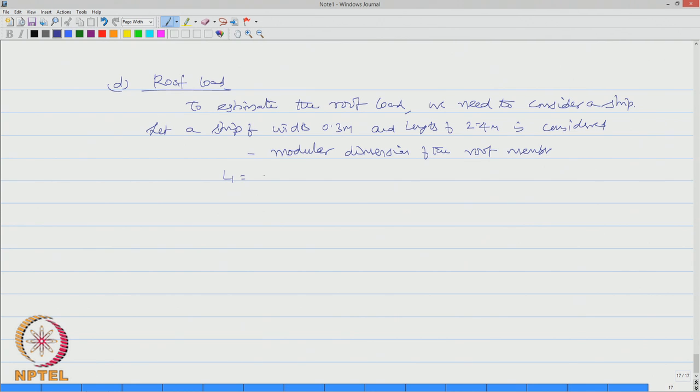So, now in this case L1 is going to be 2.4 meter and drag coefficient for the roof is CD is minus 0.4. Equivalent load coefficient depends on the ratio of LW by L1, which is 20 by 2.4, which is 8.333.